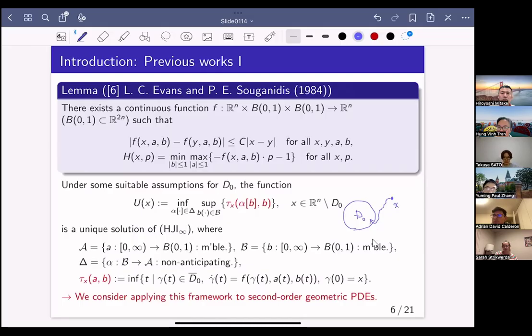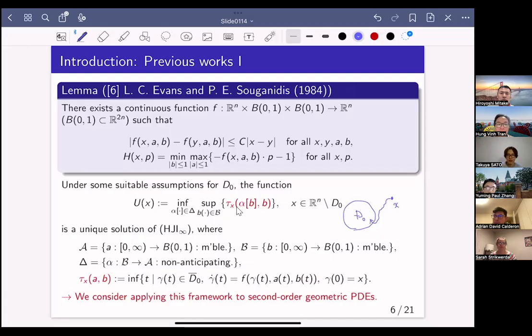In the first order case, we can use this explicit formula, but in the second order case, there are no previous works on representation by using the deterministic differential game.